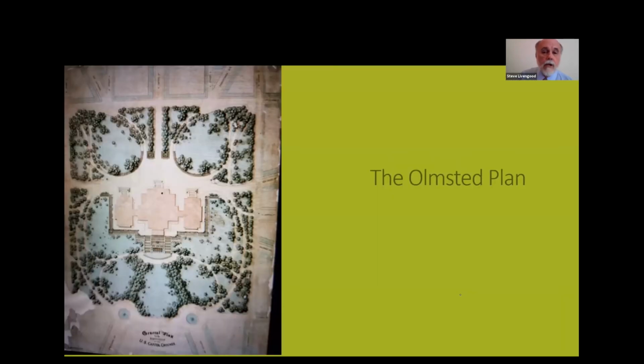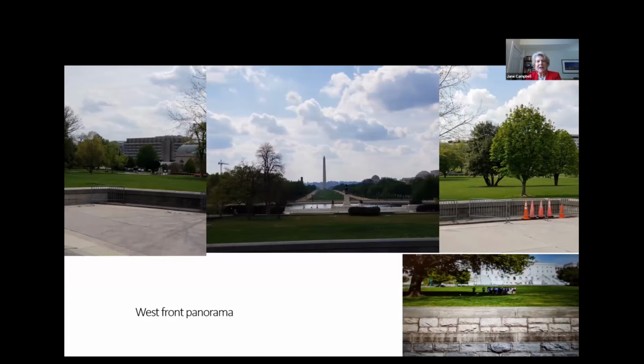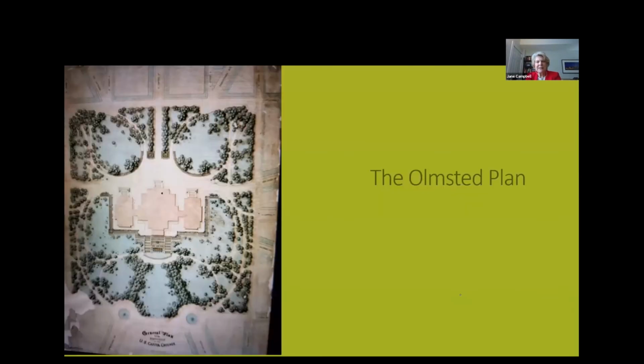Now, Steve, as you go back into the plan, how long did it take for the plan to get implemented? Did Frederick Law Olmsted get to see it come to fruition, or is that something that was past his time? He was hired in 1867. The last elements were done in the 1890s. So he did in fact oversee most of the construction of the last element, which was the biggest one, the terraces on the west front.